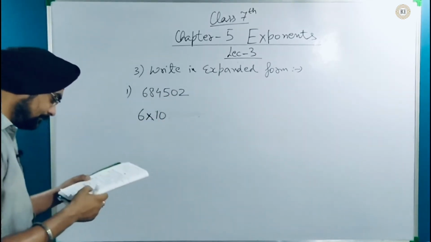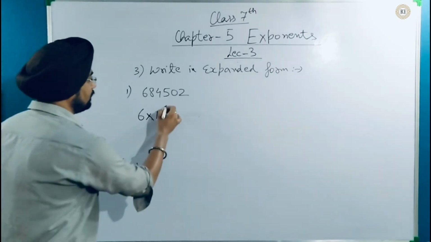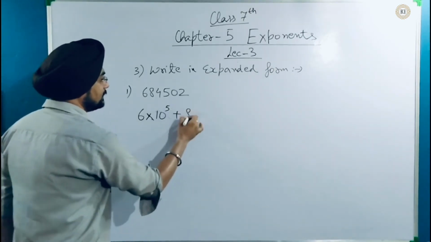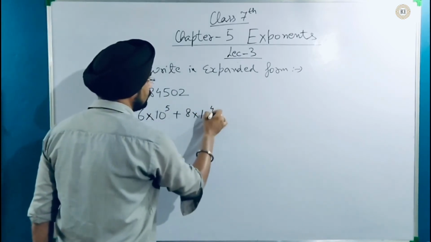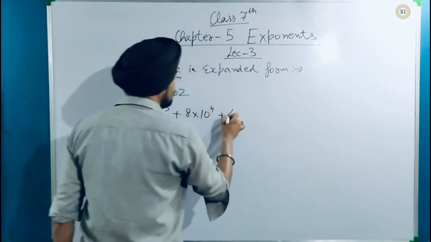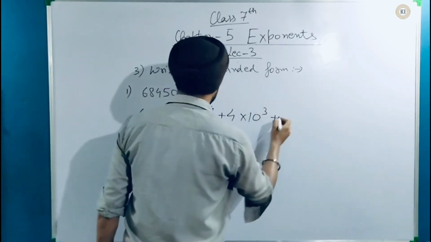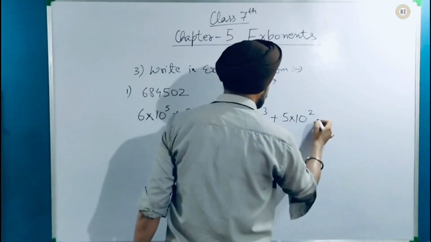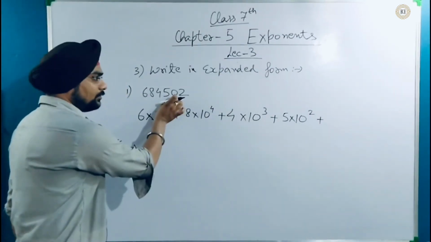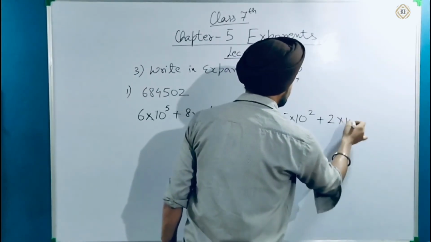So what will come here? 6 into 10 to the power 5 plus 8 into 10 to the power 4 plus 4 into 10 to the power 3 plus 5 into 10 to the power 2 plus 0, no need to write, 0 into 10 to the power 1, and at the last plus 2 into 10 to the power 0.